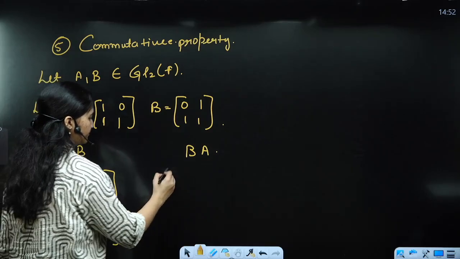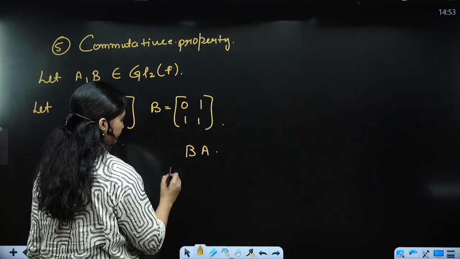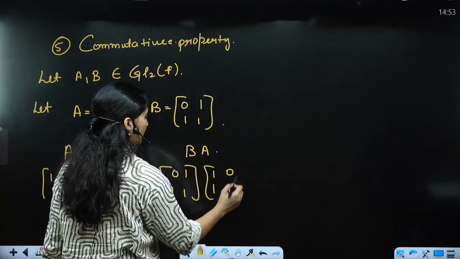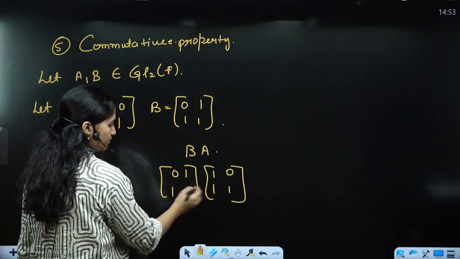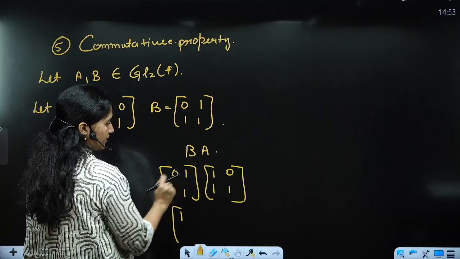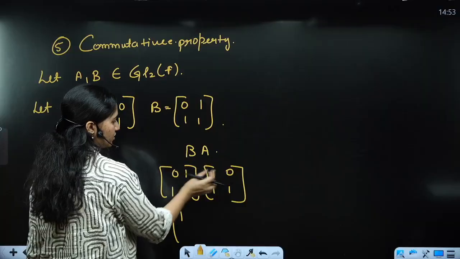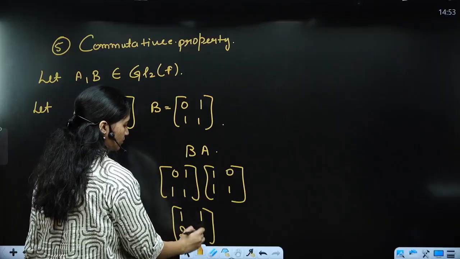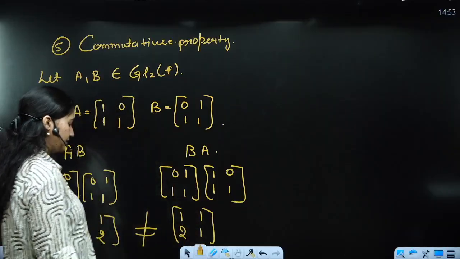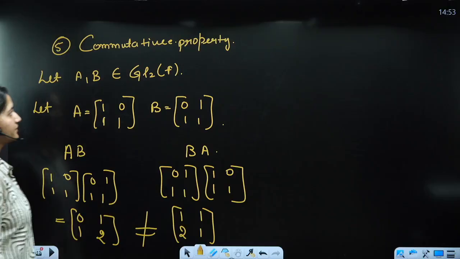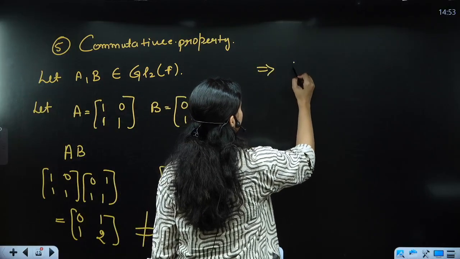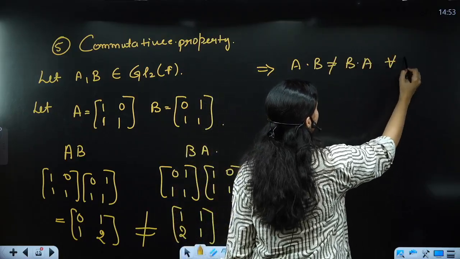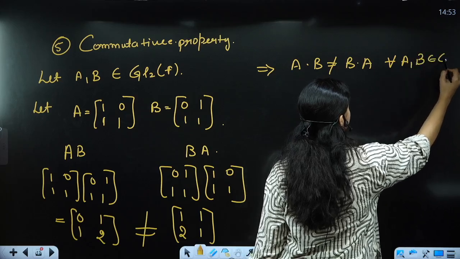And BA is going to be [0 1; 1 1] times [1 0; 1 1], so this will be 1 here, 0 into 1 and 1 into 1, then 0 into 0 and 1 into 1 again, and again you'll get 2 here and 1 here. So clearly we can see that these two matrices are not equal, right? So this implies that A dot B is not equal to B dot A for all A, B belonging to the group.